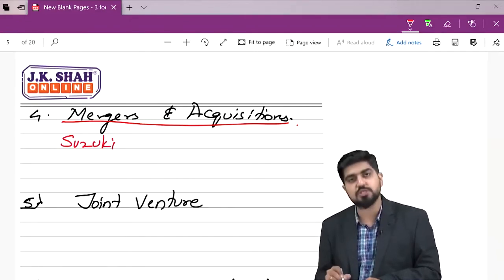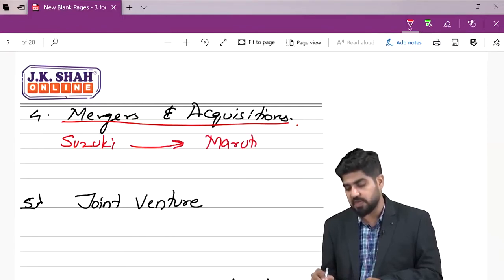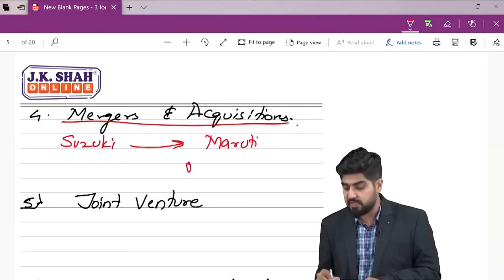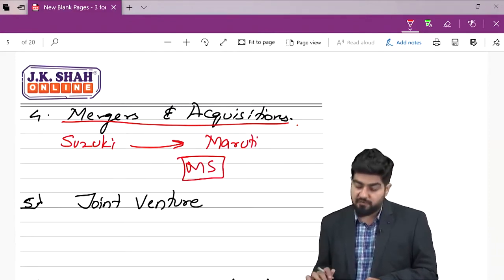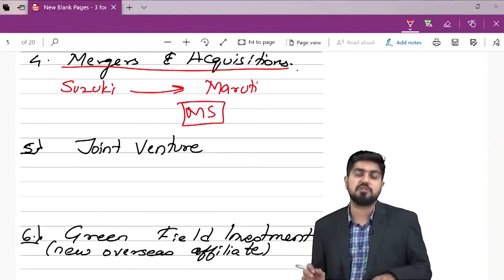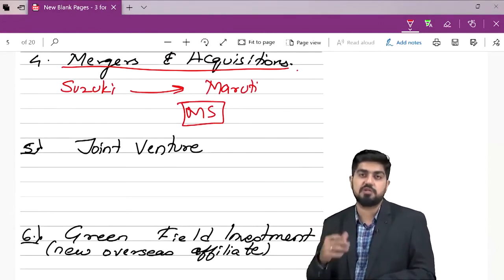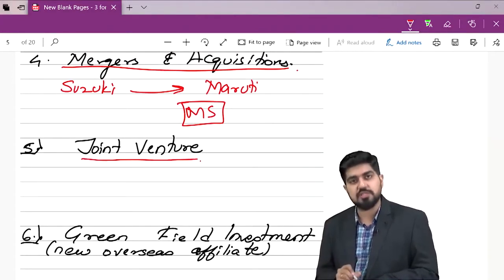A company called Suzuki from Japan came to India, did a tie-up with Maruti, and they became Maruti Suzuki. This is a merger. However, if this merger was for a temporary period, that means it was already defined that it is going to last for 1 year, 2 years, then that will be called a joint venture.